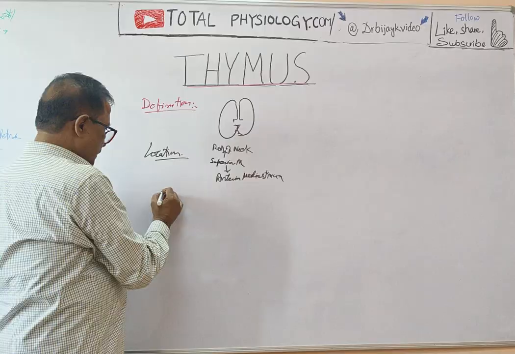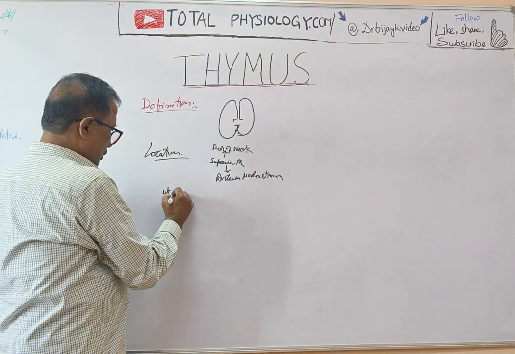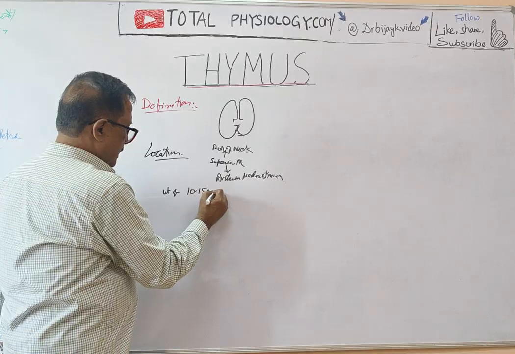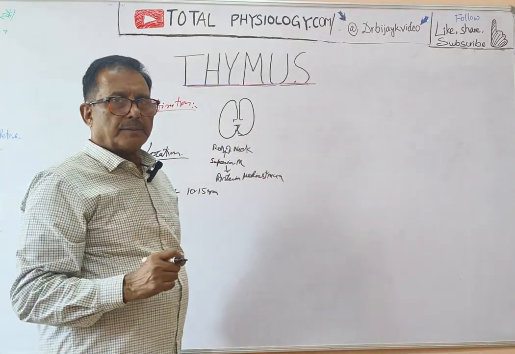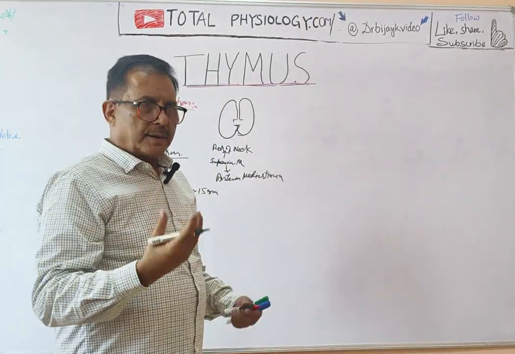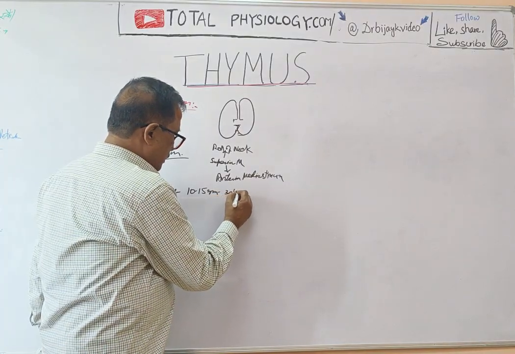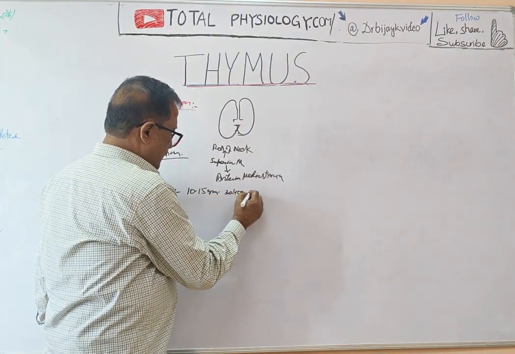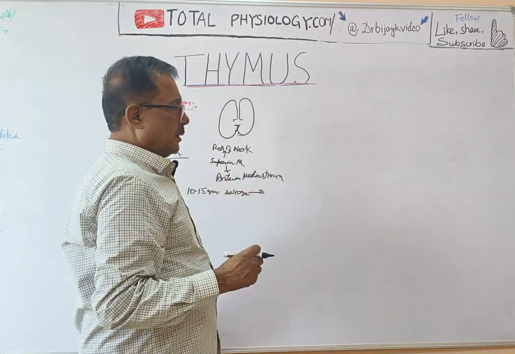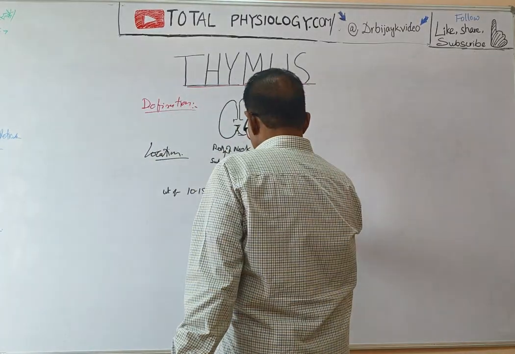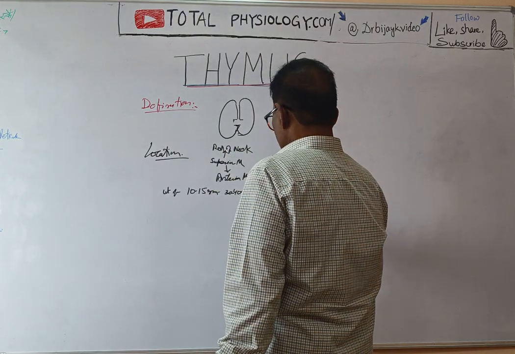It is a small gland, and the weight of the gland is 10 to 15 grams in infants, increases progressively to 30 to 40 grams, and then involution occurs, it reduces in size and comes to 3 to 4 grams.